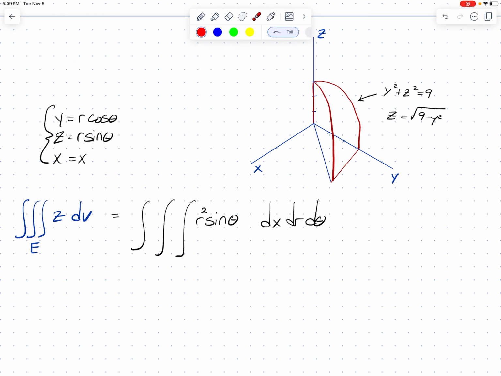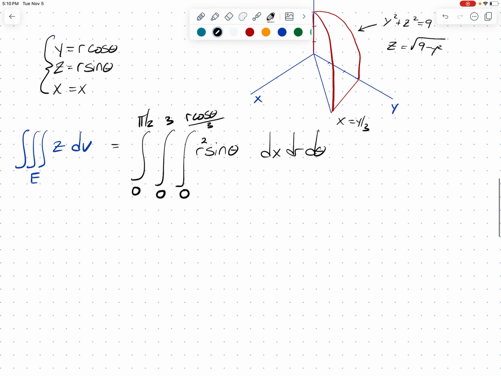I say x is going, just like before, 0 to the plane. The plane here is x equals y over 3. So x goes from 0 to r cosine theta over 3. I'm in the quarter circle. This is radius 3. So r goes from 0 to 3. Theta goes from 0 to pi halves. That's the setup.